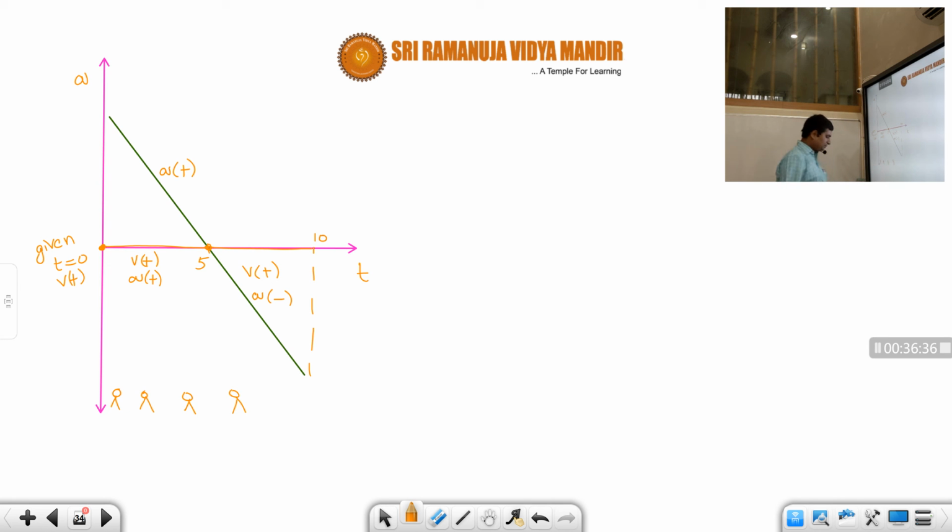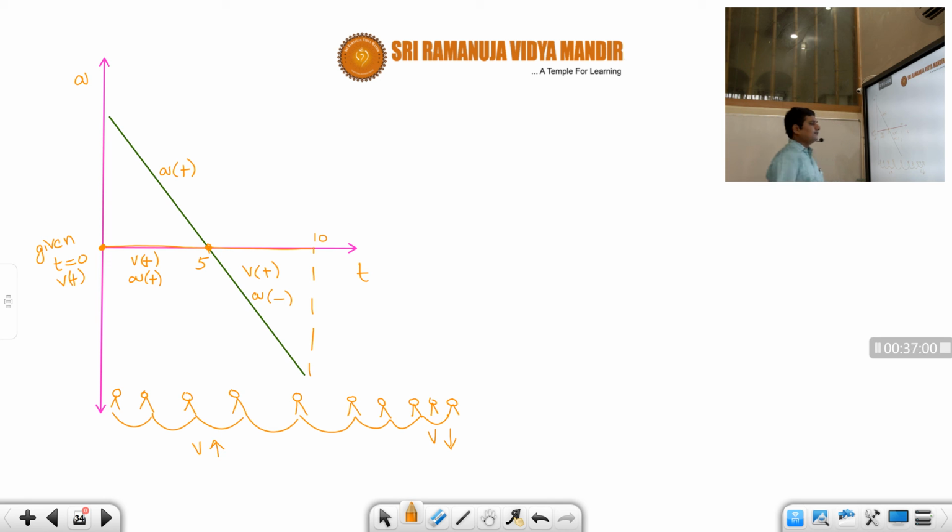So the speed will decrease, like this. I hope you understood, students. Here the speed decreases, whereas here the speed increases. That's how the analysis of the graph should be done.